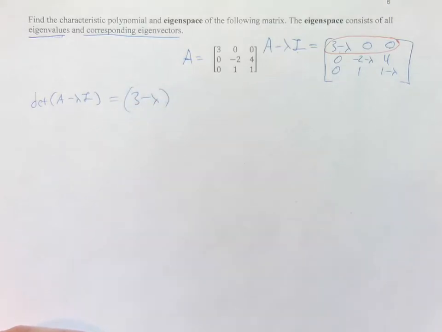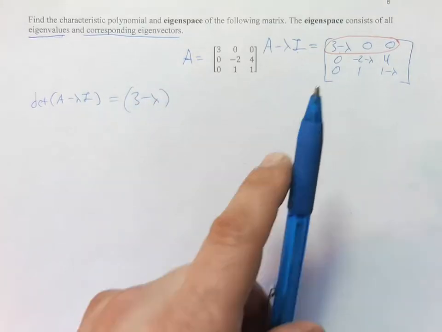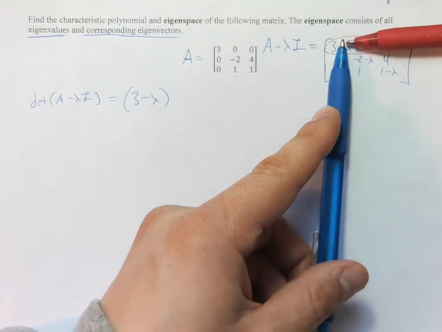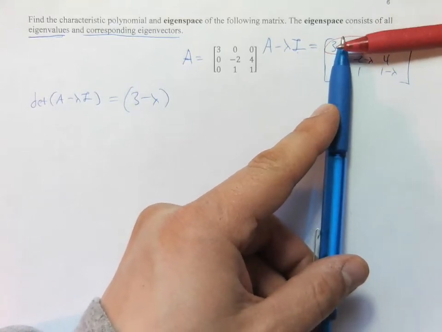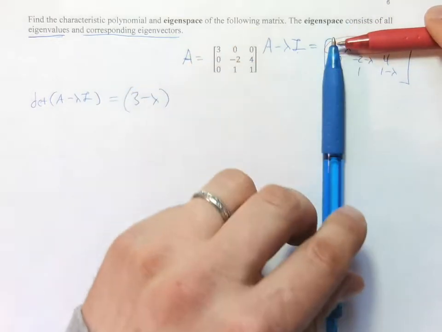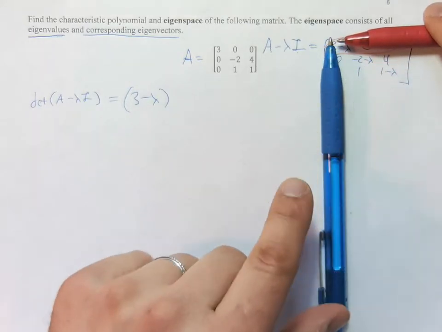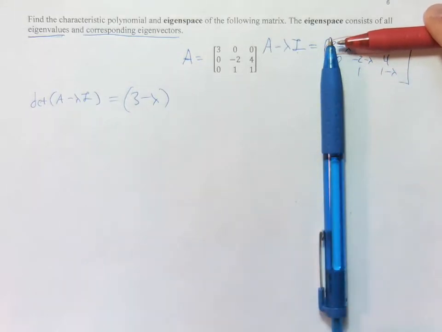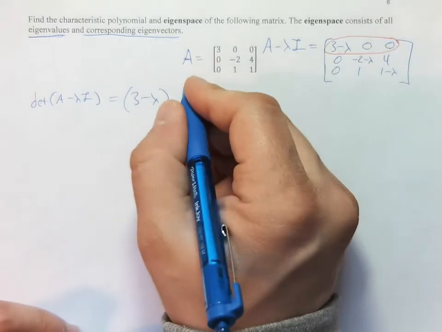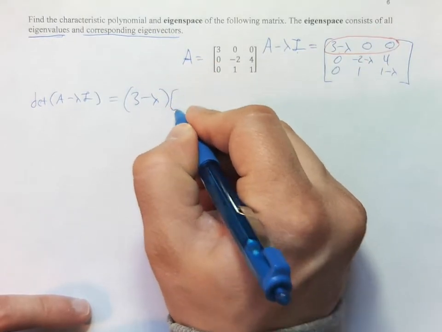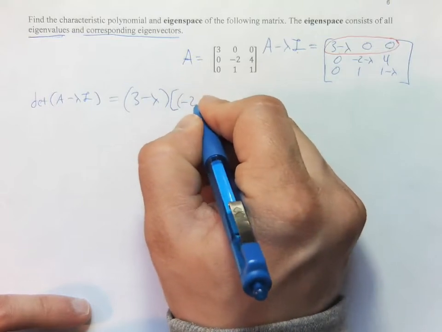And then we multiply it by the determinant of the submatrix we get when we delete that row and that column, that little 2 by 2 right there: minus 2 minus lambda, 4, 1, 1 minus lambda. And so that ends up being AD minus BC, which is this.